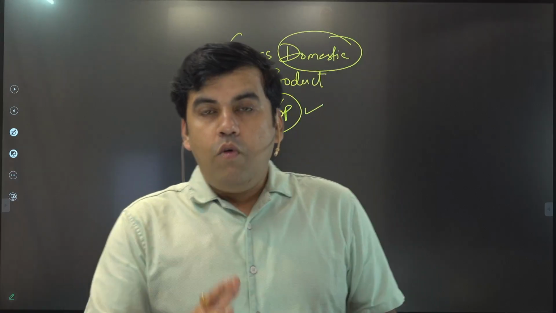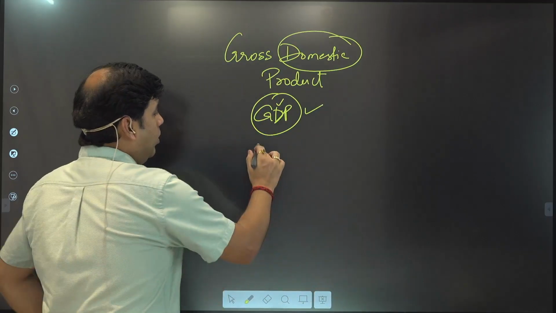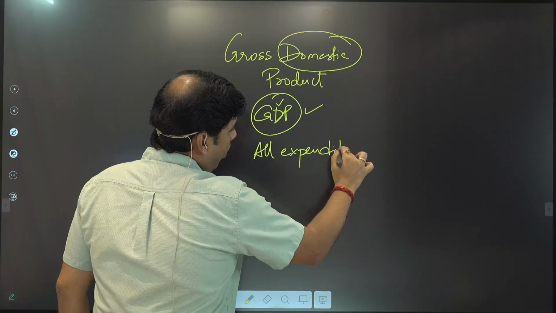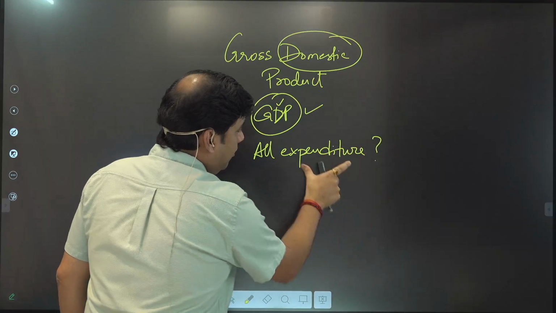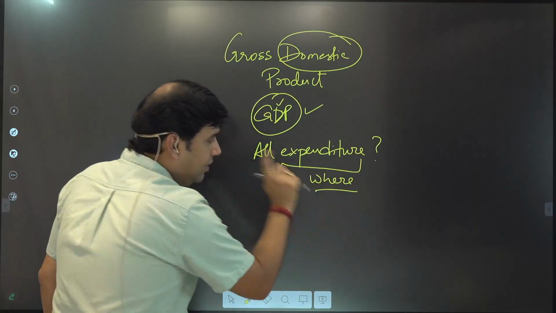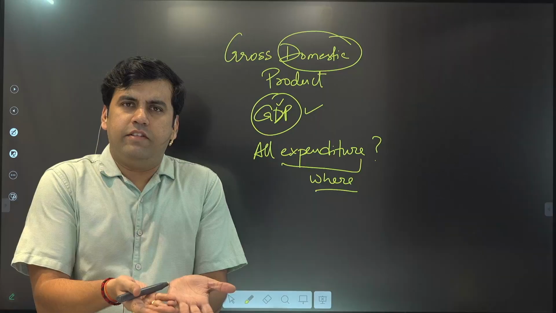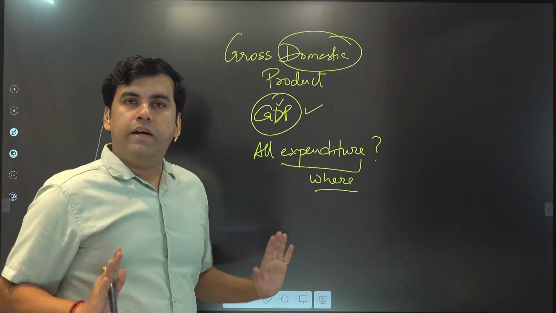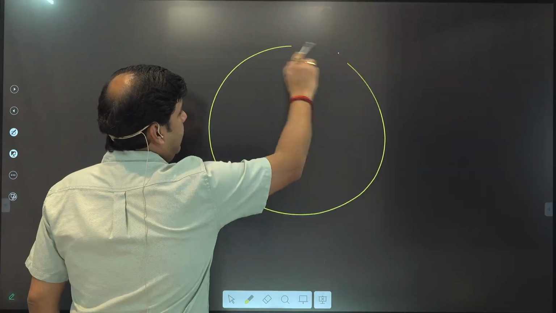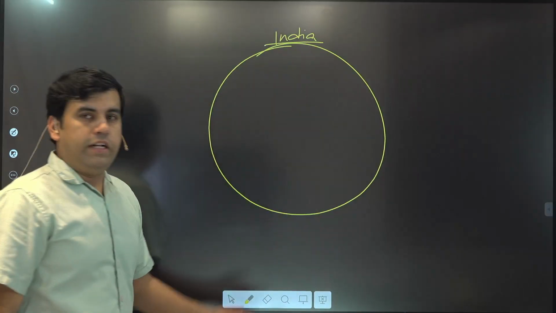Okay, so now we need to understand that, under this GDP, when I say all expenditure, where? The question is where this expenditure was created. Where did we create this expenditure? Simple, as simple as that. Okay, let's say this is India. This is India's domestic territory. This is the territory of Bharat.